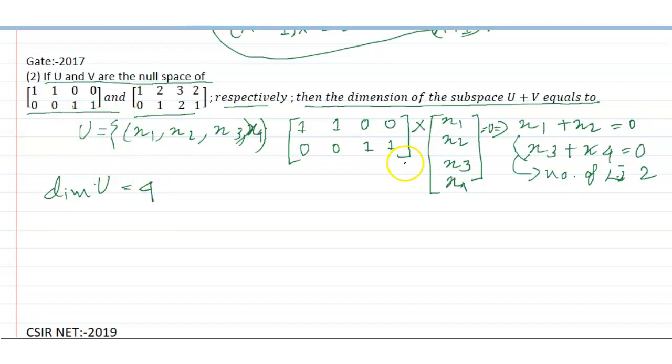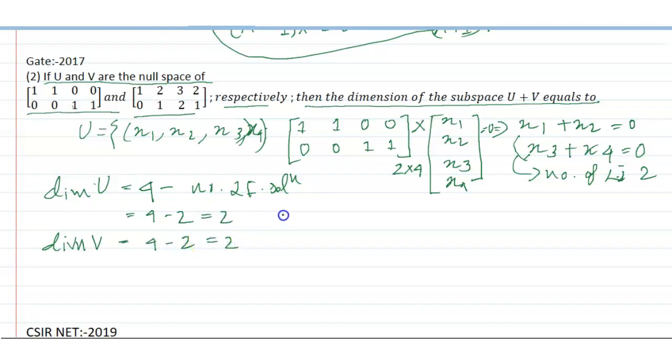This matrix is a 2 cross 4 matrix, and 4 is the number of columns. So 4 minus the number of linearly independent equations, which is 2, so 4 minus 2. Similarly, we can get the dimension of v equal to 4 minus 2 equals to 2.